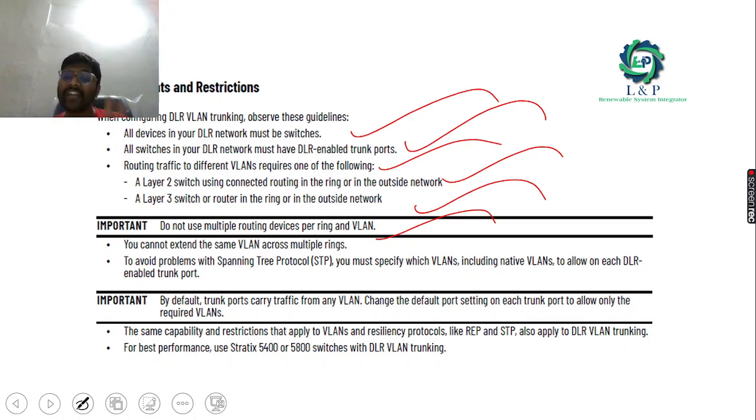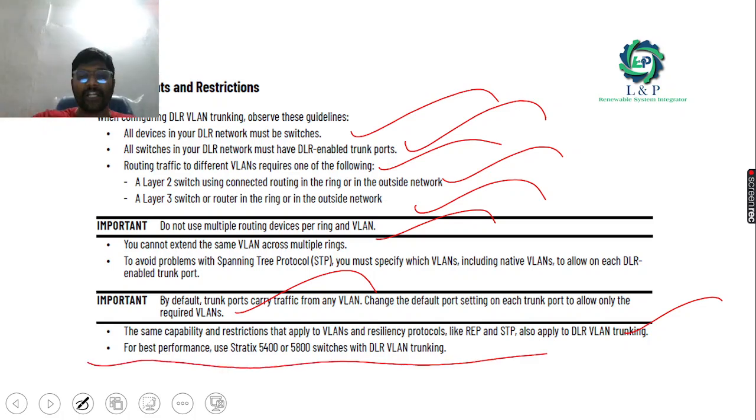Change the default port settings on each trunk port to allow only the required VLANs. The capacity and the restrictions that apply to the VLAN and the protocols like REP and STP also apply to the DLR VLAN trunking. For the best performance, use 5400 and 5800 switches for the DLR VLAN trunking.